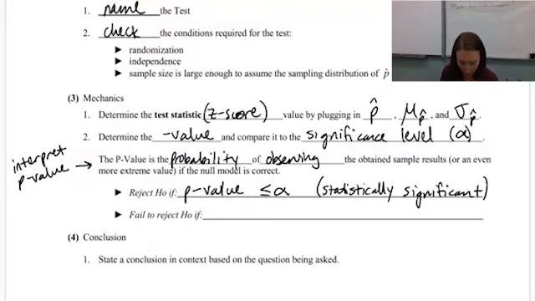All right, and then fail to reject H naught, or the null hypothesis, if the p-value is greater than alpha, which would be a not significant result. And then we would state our conclusion in context, so it has to be in context based on the question being asked.